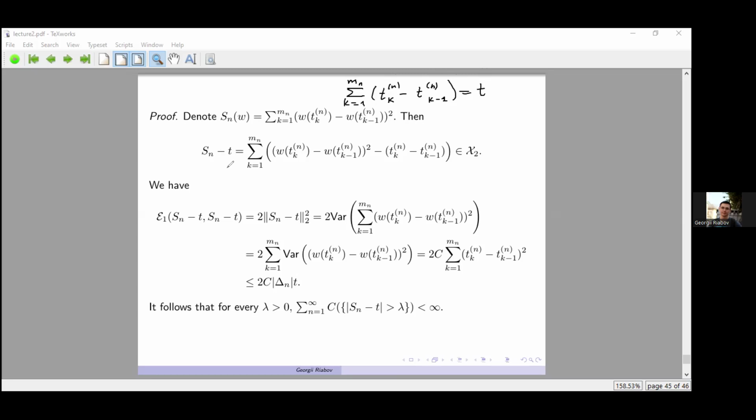So S_n minus t can be written as the following sum.